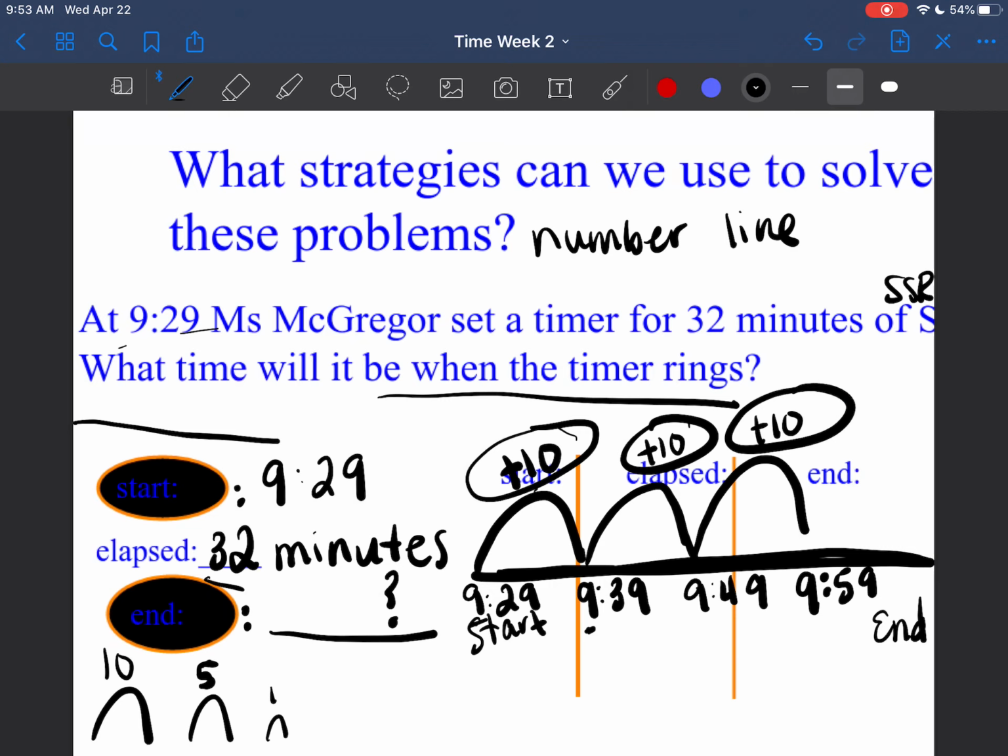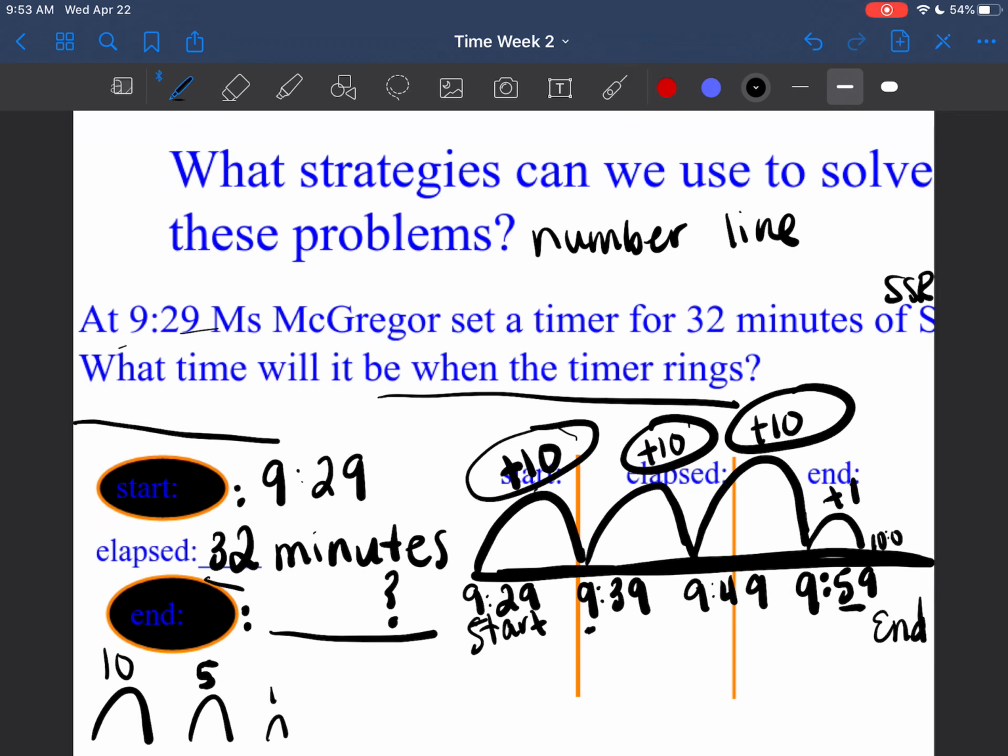We need to jump 32 minutes, so something strange is going to happen in this problem. And this is not something that will usually happen, but it's one that I wanted to show you what happens when you move into that next hour. So we know that at 9:59, when it moves the next minute, it turns into the next hour. So if I were to jump 1 minute, it is now 10 o'clock.